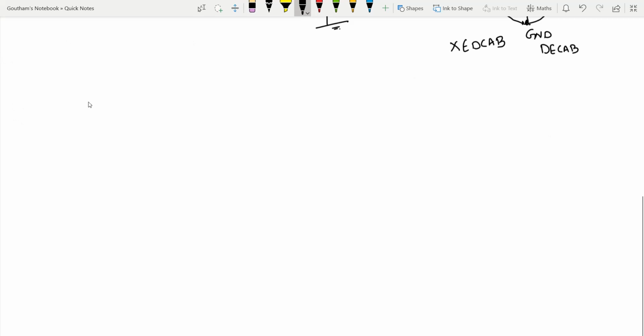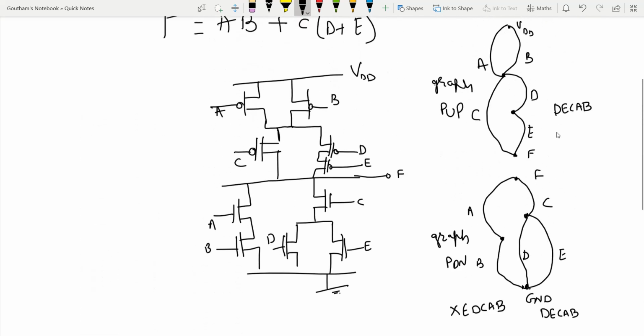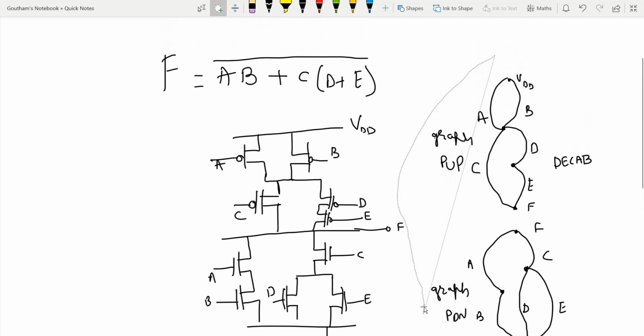So what is the Euler's path that we identified? So the Euler's path is nothing but D, E, C, A and B. Okay, now let us draw the stick diagram. So let me copy this.